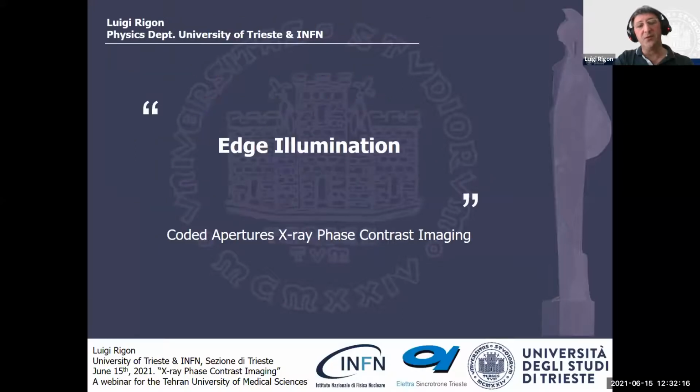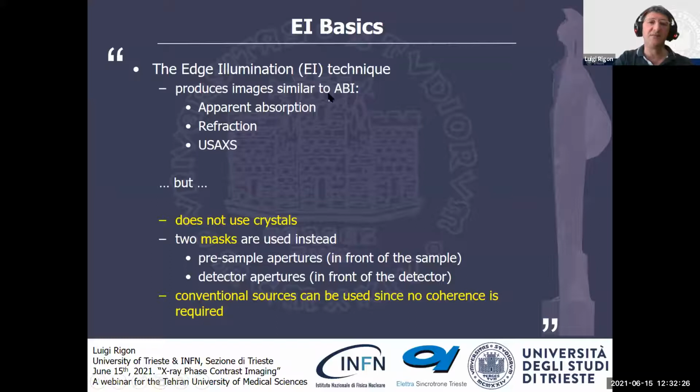So this is important because the next technique that I want to show you, edge illumination, actually was developed in order to produce images that were similar to those produced by analyzer-based imaging, so sensitivity to absorption, refraction, and ultra-small angle scattering, but without using crystals.